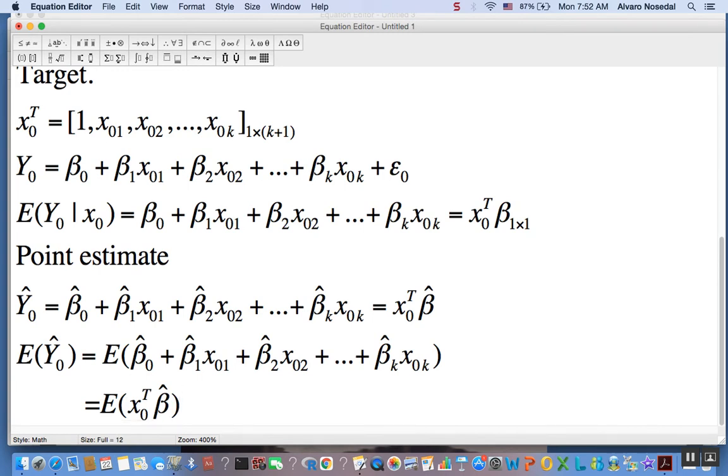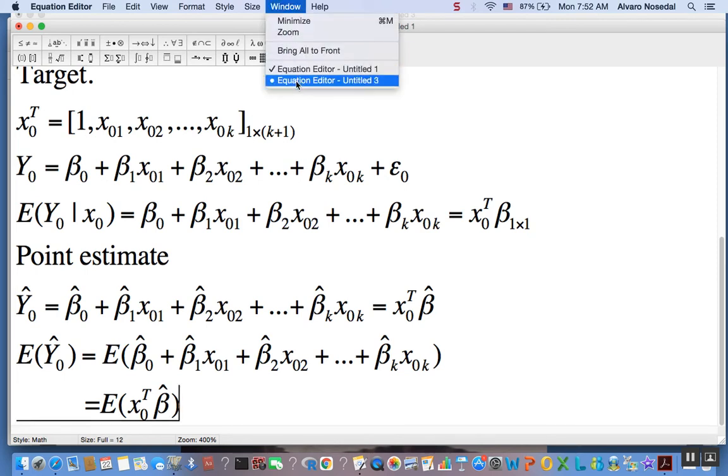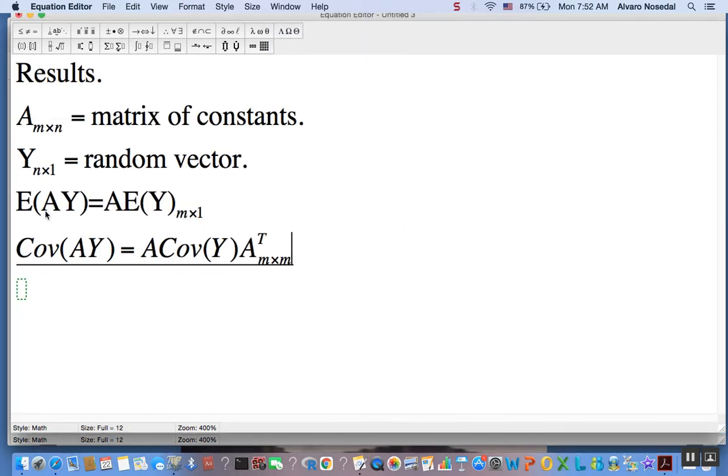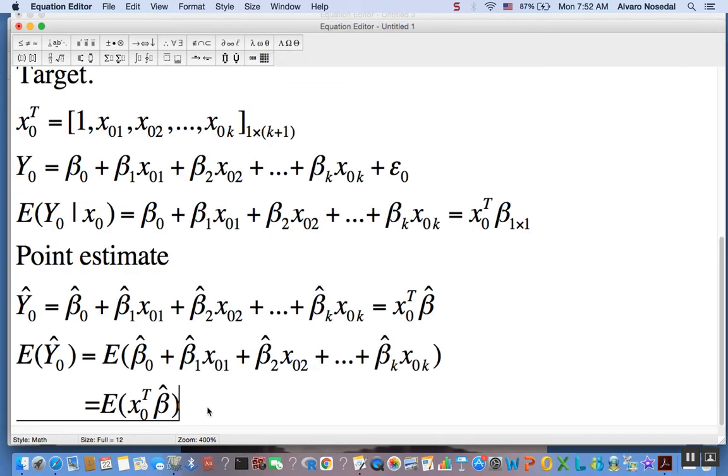Now this is the part where our result will be useful. Remember that result we talked about here? We have a matrix of constants times a random vector. We want the expected value of that multiplication, so we just pull out that constant.